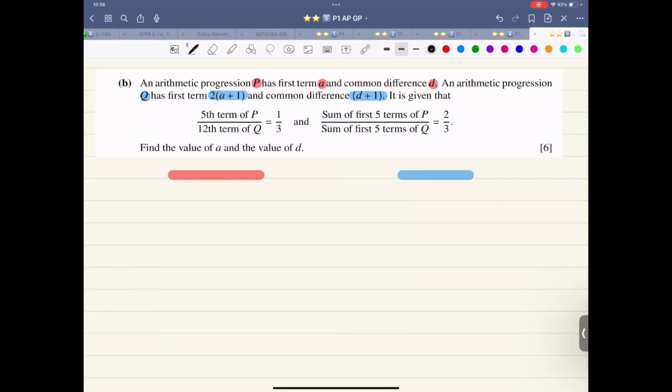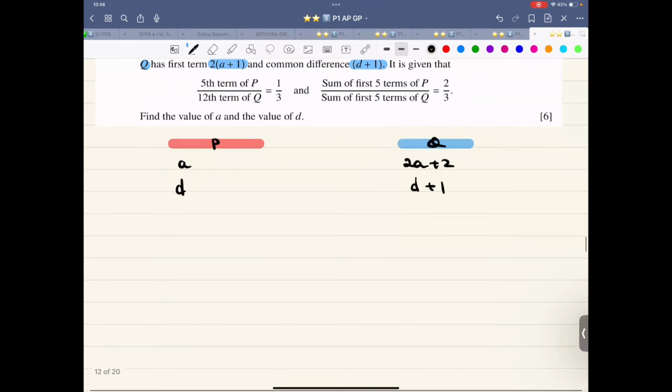Now, first of all, this is P, this is Q. First term is A, common difference is D. First term is 2A plus 2, common difference is D plus 1. Fifth term of P, this is of P, so just let me write T5, that is A plus 4D.